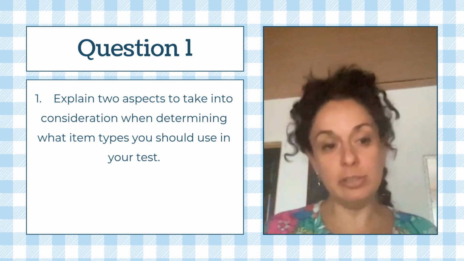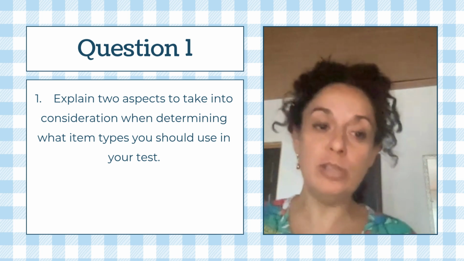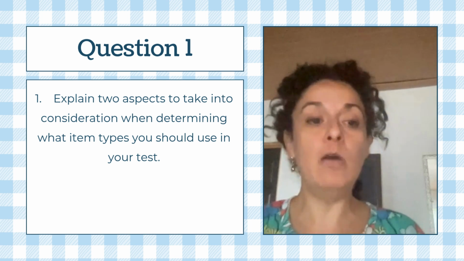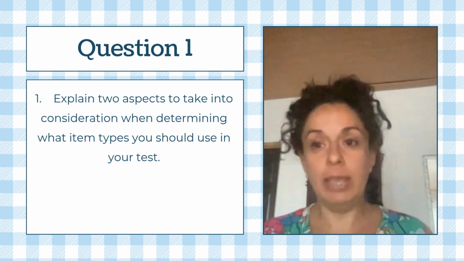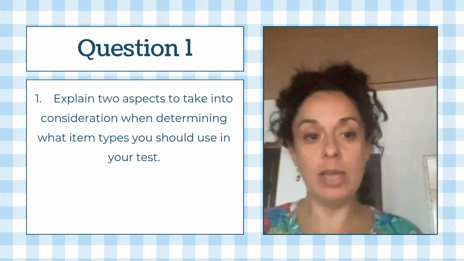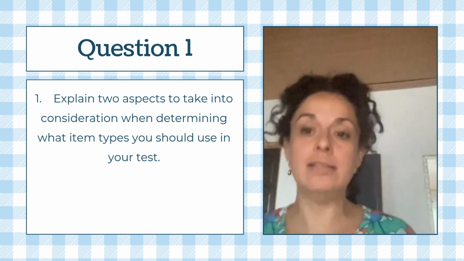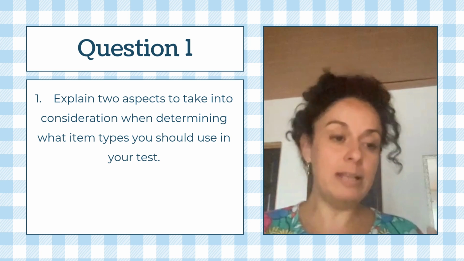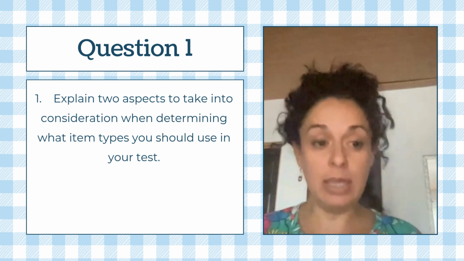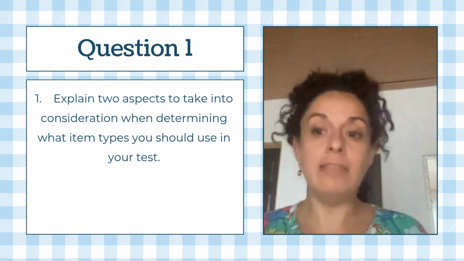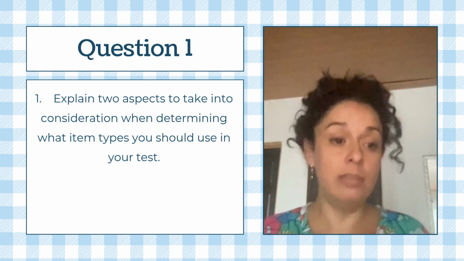The first question is: explain two aspects to take into consideration when determining what item types you should use in your test. In this case, I chose that the types of items to include in tests are the ones that the students have already studied during the lessons, and they have practiced and are familiarized with them.